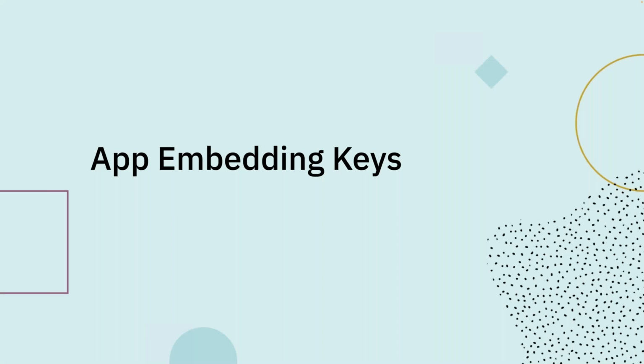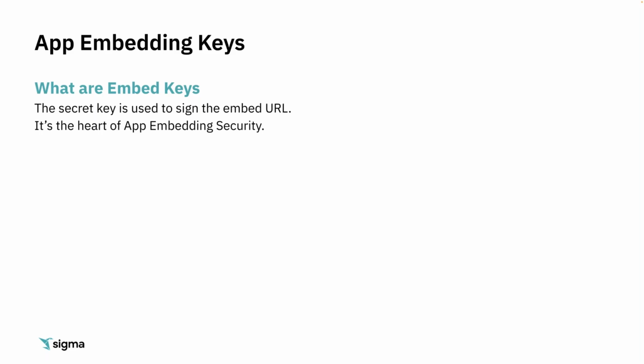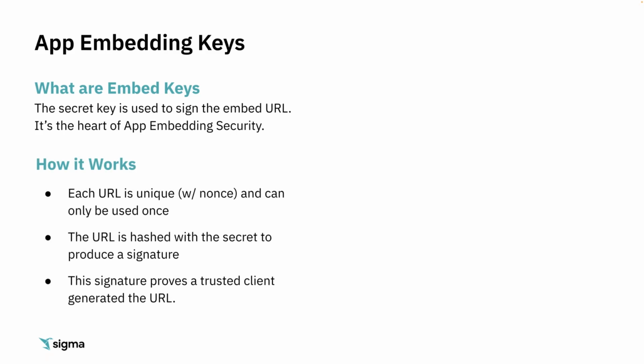Now, to make everything secure, we've talked a lot about this URL. The URL can only be used once. The way it works is we have this thing called a nonce, which is basically a randomly generated number or key, which your application will generate.